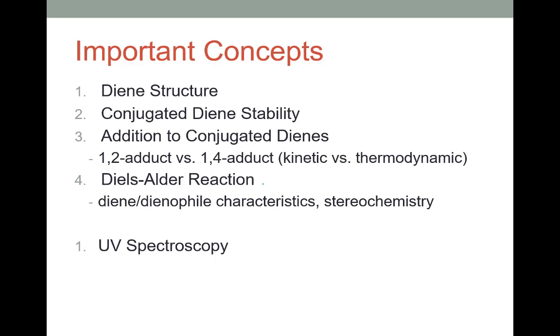I showed you a bunch of dienes and a bunch of dienophiles. You should practice with those just to make sure that you understand how they work, paying special attention to the stereochemistry of it, the sterics of those molecules, and how the products are going to look when they're all done. And then at the end, so not a typo here, a sort of separate number 1, the concept of UV spectroscopy.